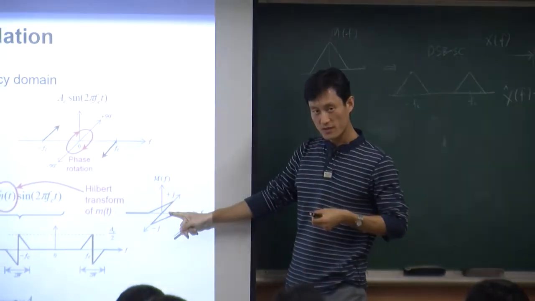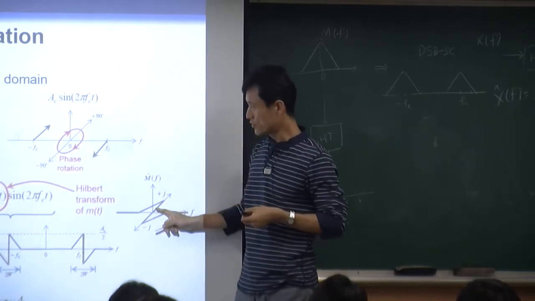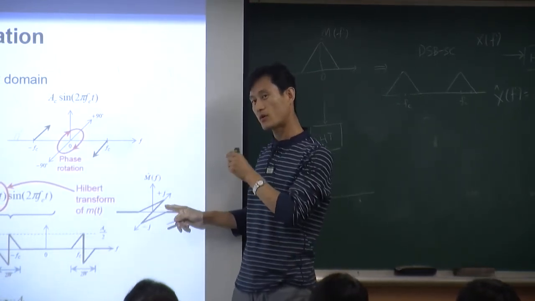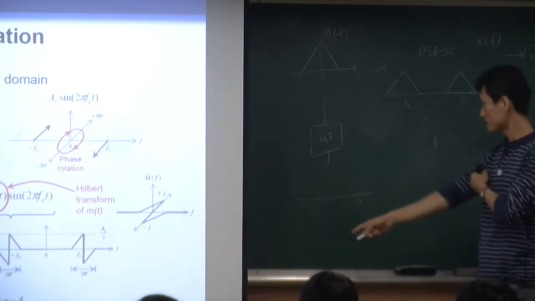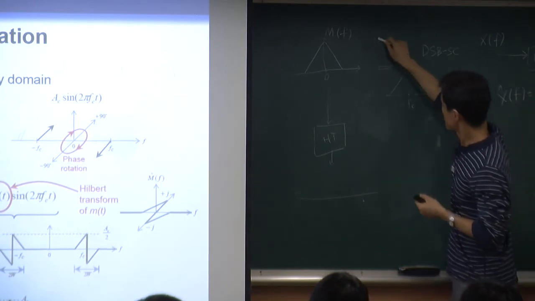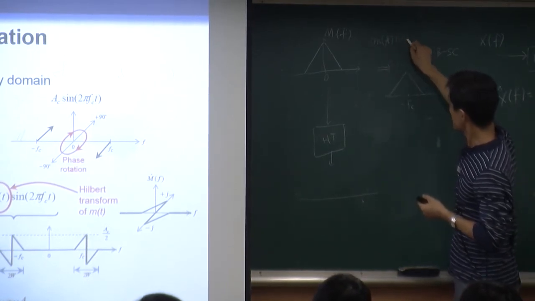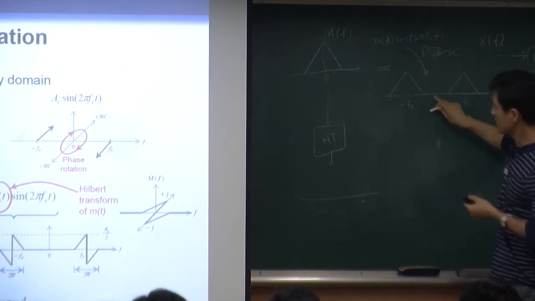Using this output, now what you want to do is, let's multiply sine here. You want to multiply sine. From here to here, you are multiplying cosine. And then you get this.